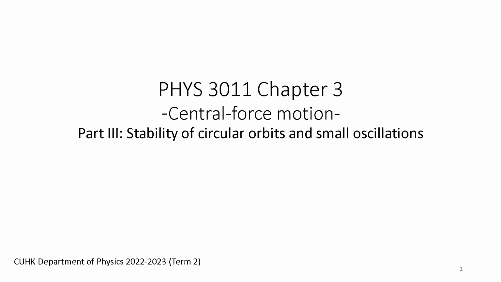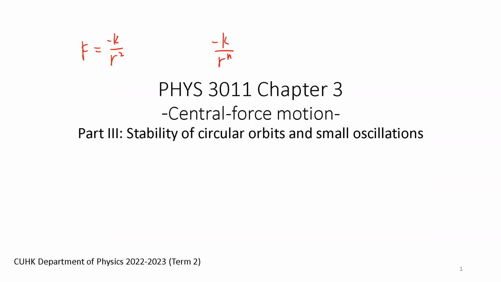Circular orbits are the easy ones to deal with. For 1/r², we have worked it out. If I have the force to be minus k divided by r², we completely solve it, so we understand all the orbits. However, we don't have a general method to deal with the general case.